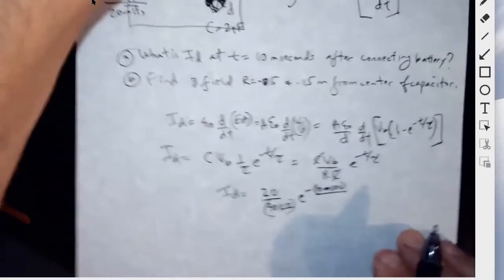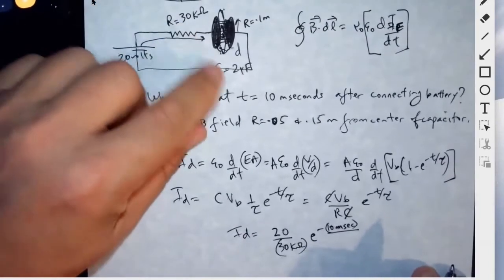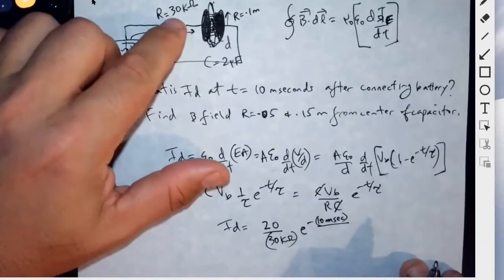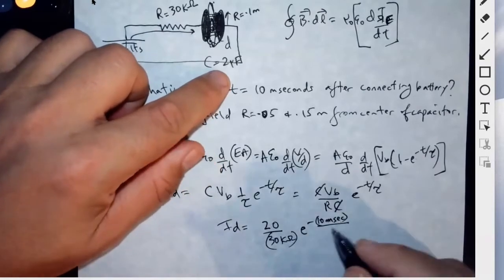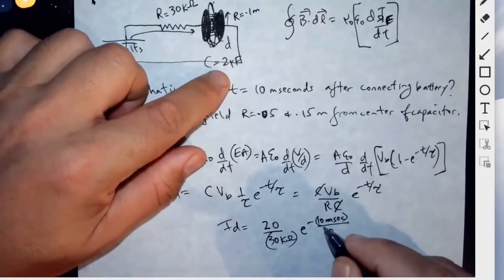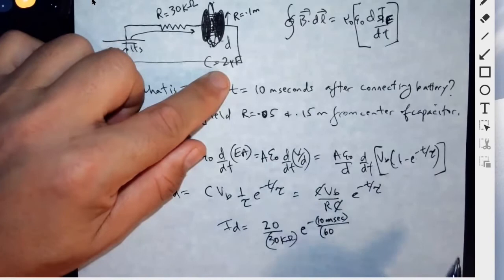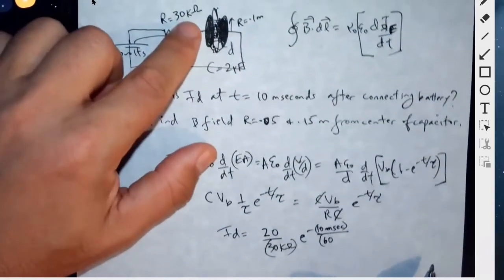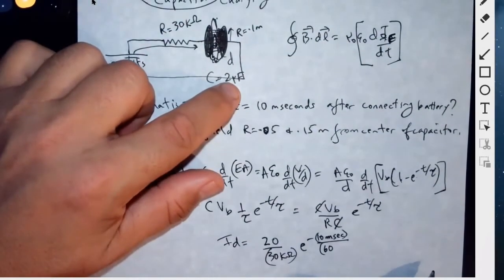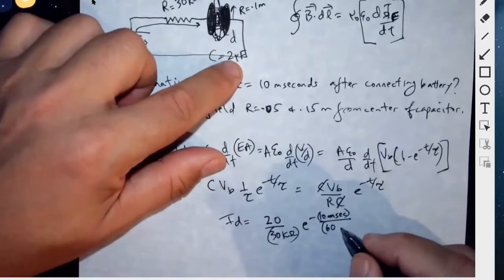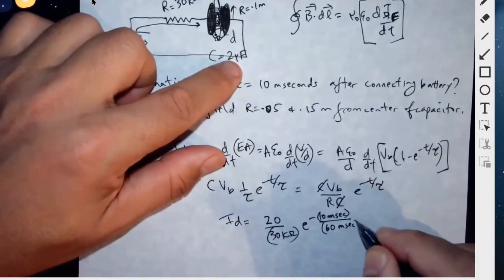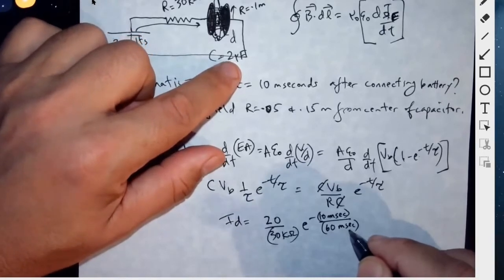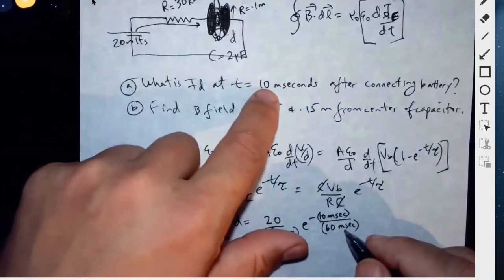So 30 times 2 is 60. And then kilo times micro is also a milli, right? Yeah, that's a millisecond.